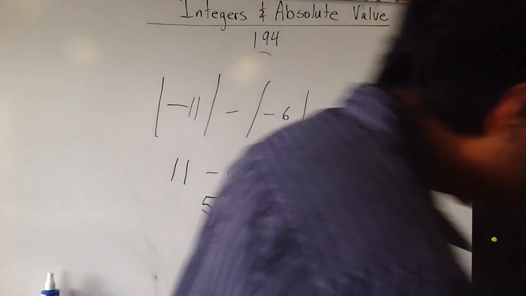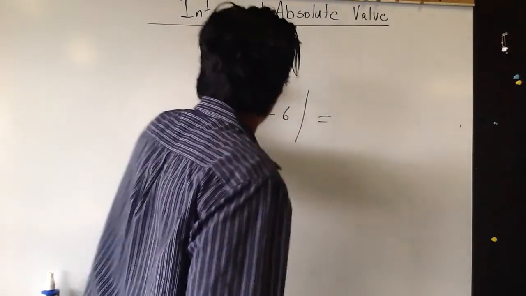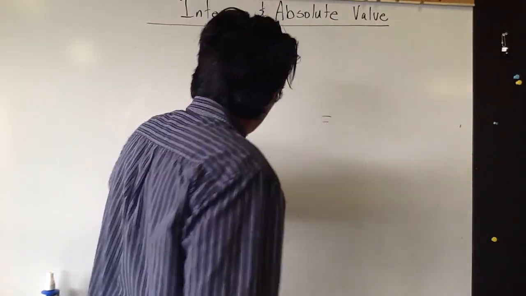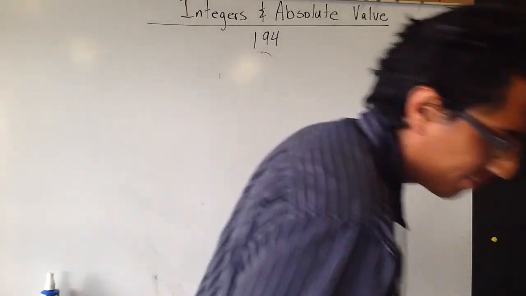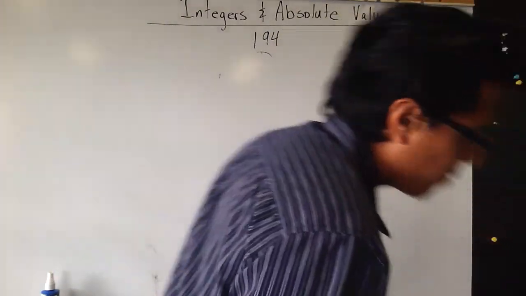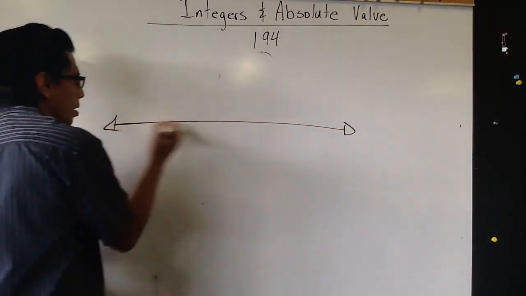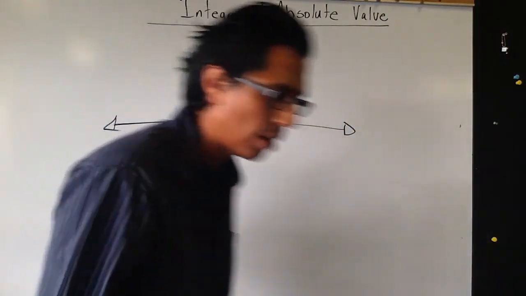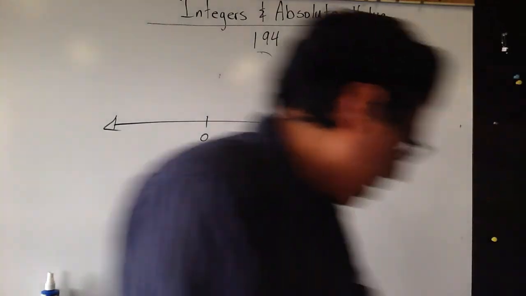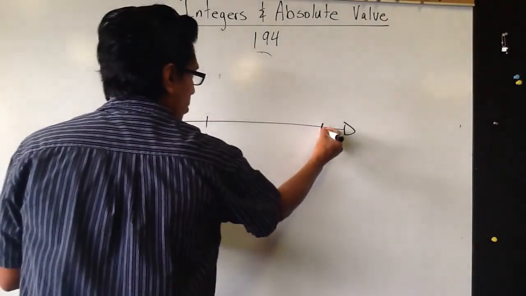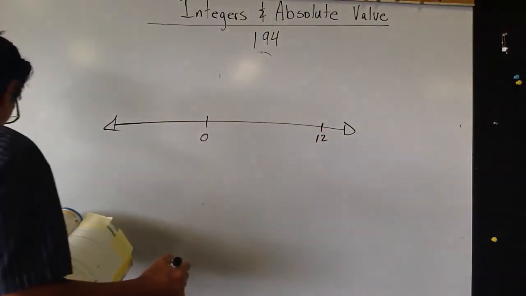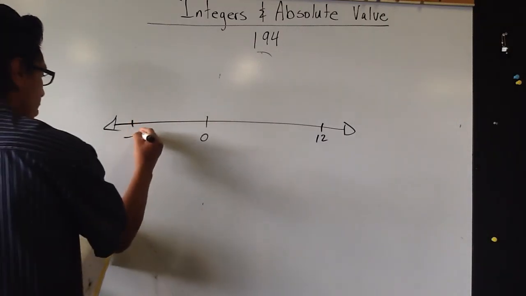Nice. Let's look at number 7. It's asking you to now graph. So we have our little number line, 0. It looks like we have 12, and it looks like we have negative 8.